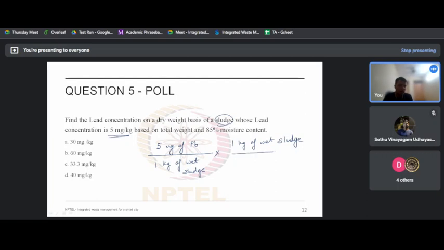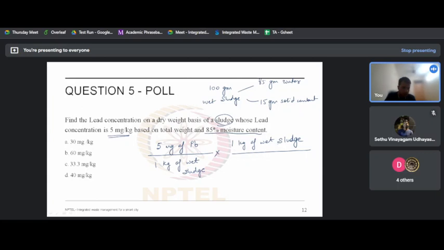Whatever we had here, we simply put it here also. And in 1 kg of wet sludge, how much would be the sludge on a solid basis, or dry sludge, as we call it? Here we are given that it is 85% moisture. So if we have 100 grams of wet sludge, 85 grams would be water content, and whatever remains, that is 15 grams, would be the solid content.